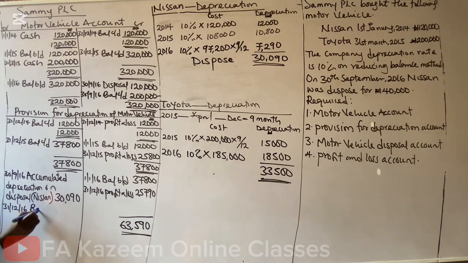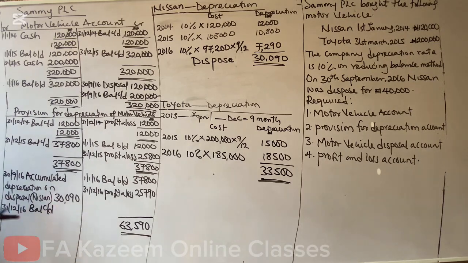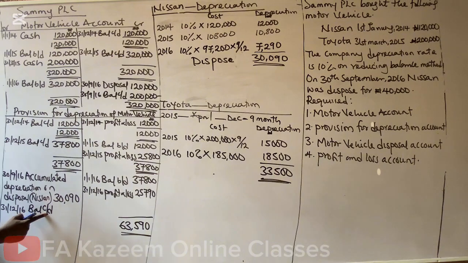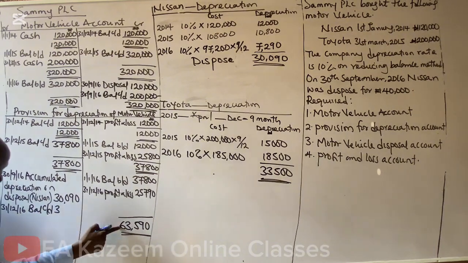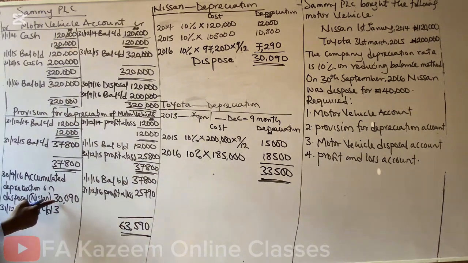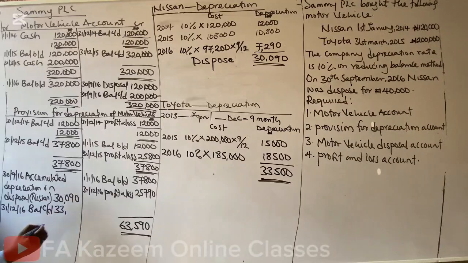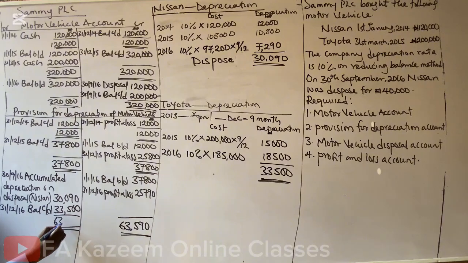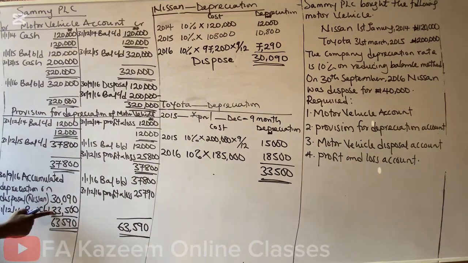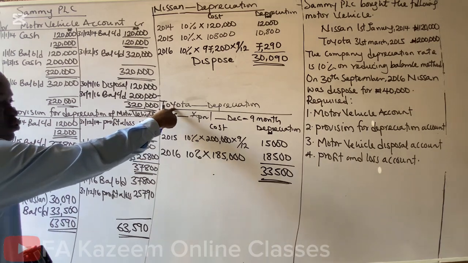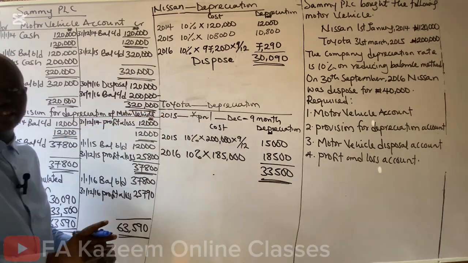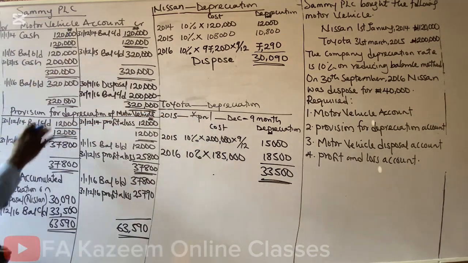We are going to be having a balance carry down. Balance carry down here stands for the Toyota. That's 63,590 minus 30,090. We're having 33,500, which is the balance of the depreciation set aside for Toyota, and this Toyota is still existing. We have prepared the motor vehicle account and the provision for motor vehicle.